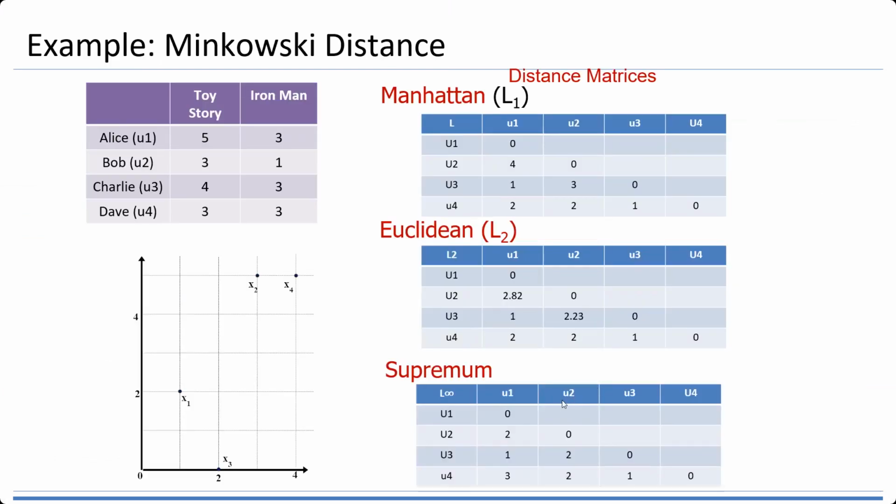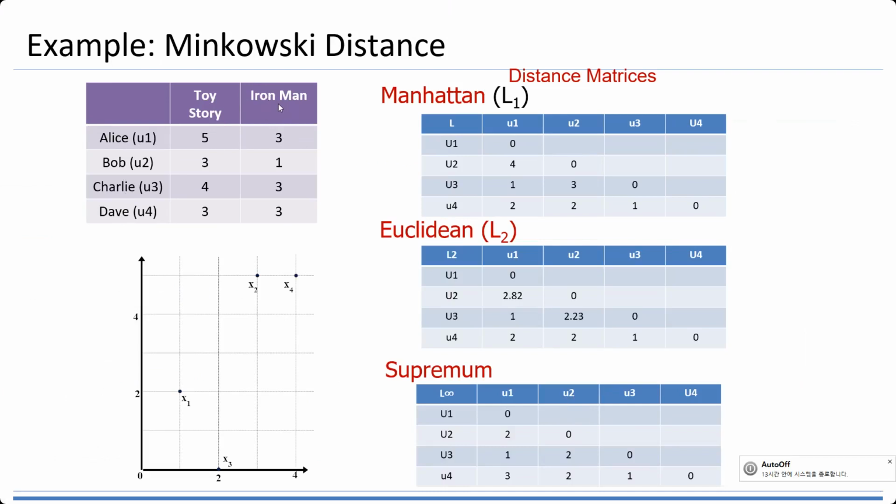Just for example, we have Alice, Bob, Charlie, and Dave. Those four users watched two movies, Toy Story and Iron Man. Alice gave a rating of 5 to Toy Story, and Alice gave 3 to Iron Man.